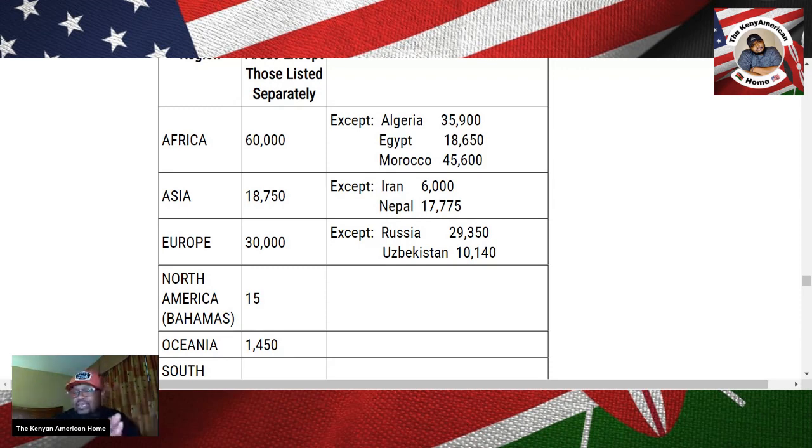And so when each embassy is ready to take on new cases, they reach out to KCC, the Kentucky Consular Center, and tell them, we have all these slots open, so send us this number of cases.